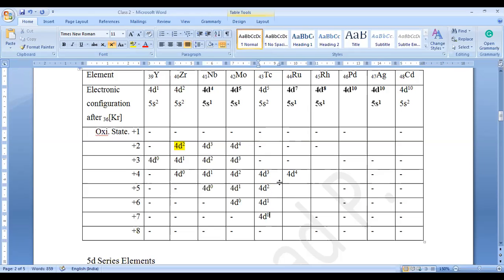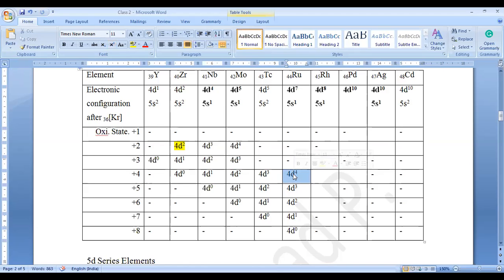So the possible oxidation states of technetium are +4, +5, +6, and +7. In case of ruthenium it becomes 4d4, 4d3, 4d1, and 4d0. Okay, all are possible. So +4, +5, +6, +7, and +8 oxidation states are possible for ruthenium. In case of rhodium, we have d6, d5, d4, and d3 systems possible.